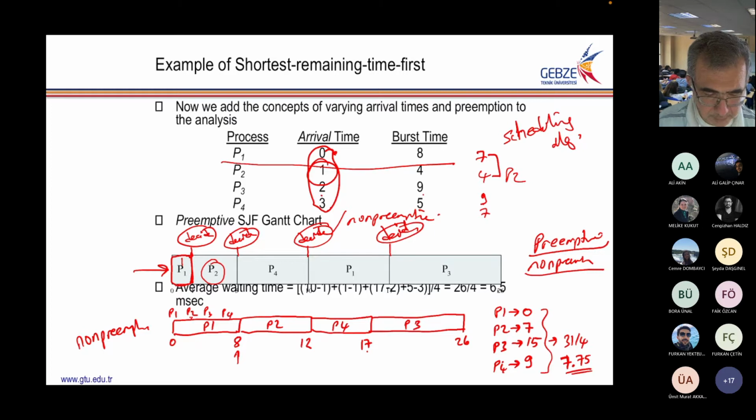The new one. 3 is compared. So once we do that comparison, what am I going to execute? I am going to continue with P4.